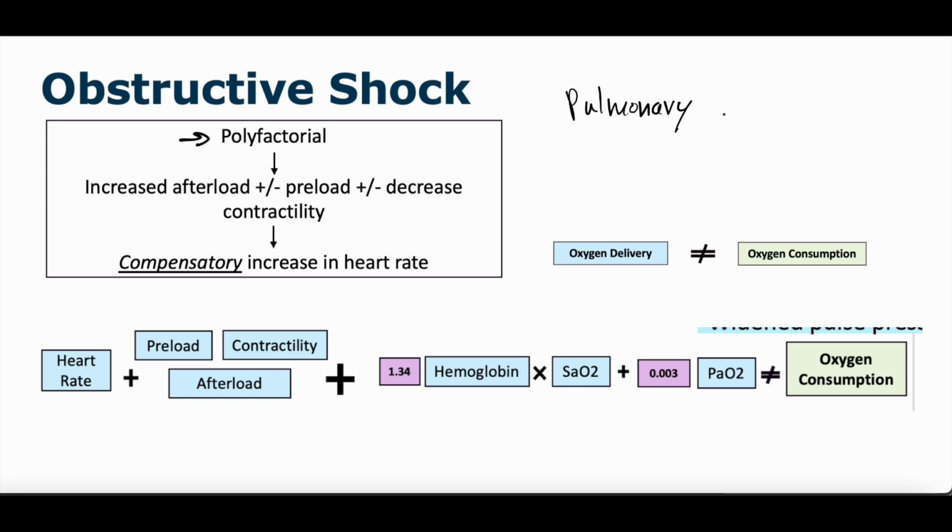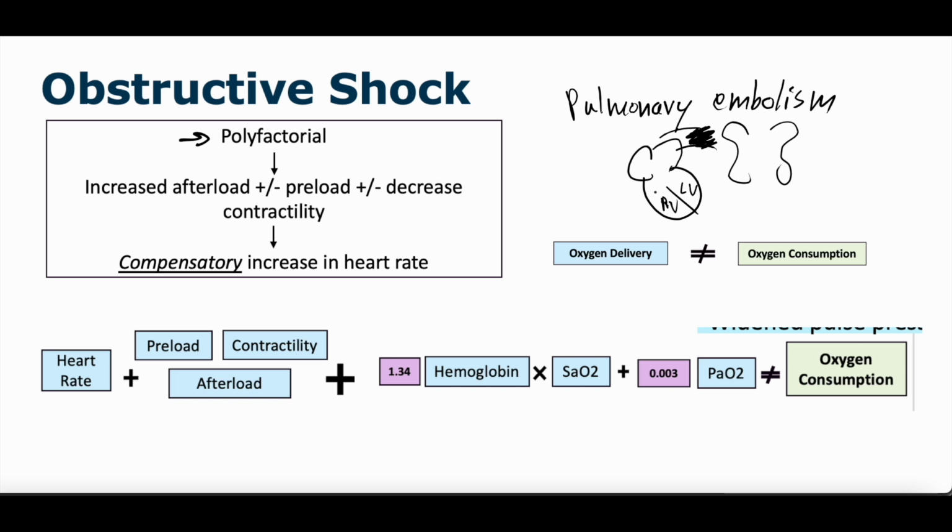All right, so pulmonary embolism, if we draw a heart, right atrium, left atrium, right ventricle, left ventricle. The right ventricle is going to pump blood through the pulmonary vasculature to the lungs, right? If we have a huge pulmonary embolism in this pulmonary vasculature, that right heart can't squeeze, and you go into right heart failure or obstructive shock, all right?